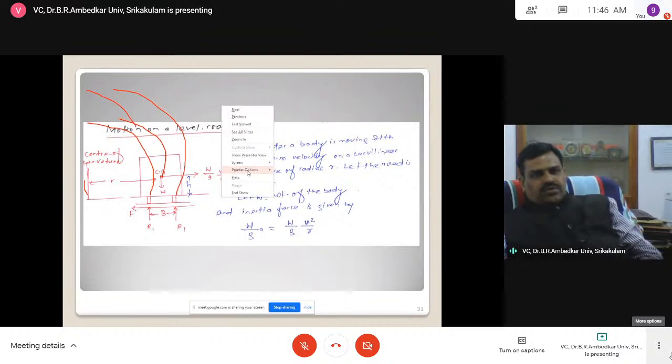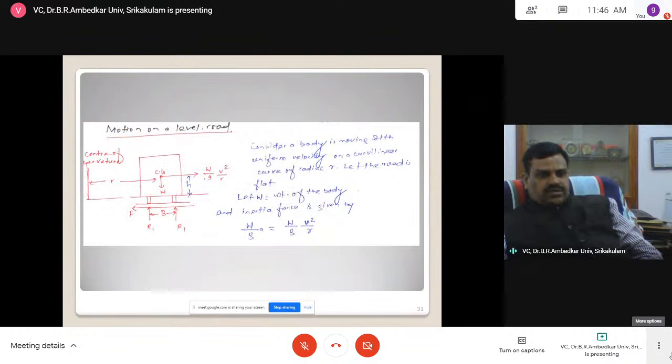So now we have to consider the equation. This is the direction it is traveling. Mass into acceleration is equal to centrifugal force. Because when it is moving in this direction, the acceleration is away.